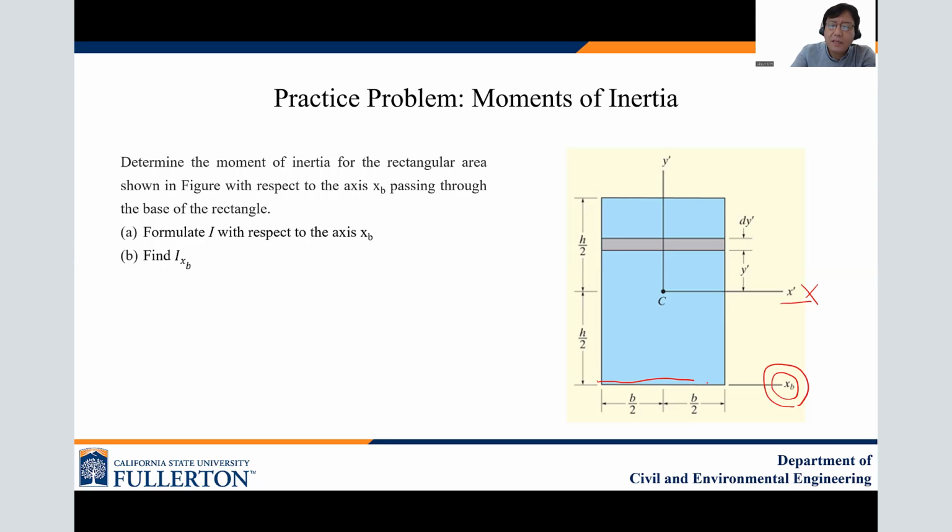This is XB, and this is a positive area. So your integration is Ixb equals the integration of y squared dA, with the range from 0 to h. That is the equation you need to use.